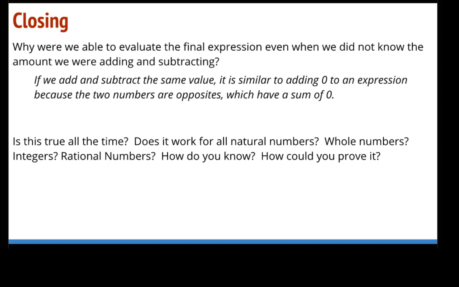Now, for proof, these different models that we have looked at are a great form of proof. So 3 plus 2, and then we subtract those out. So that's a specific example.